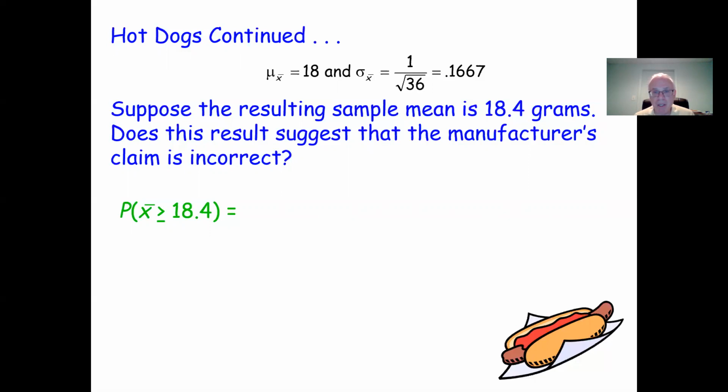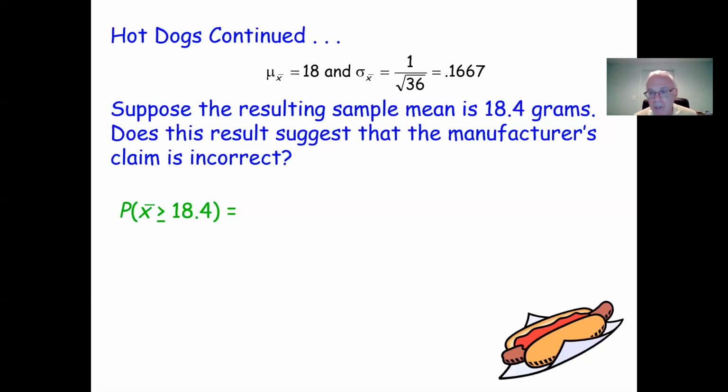We can say, yeah, the manufacturer's claim is pretty good. But if this probability is really low, if there's a really small chance of getting 18.4 or greater when we assume 18 is the population mean, then it's probably not true that the mean of the population is 18. I think that's the reasoning behind it.